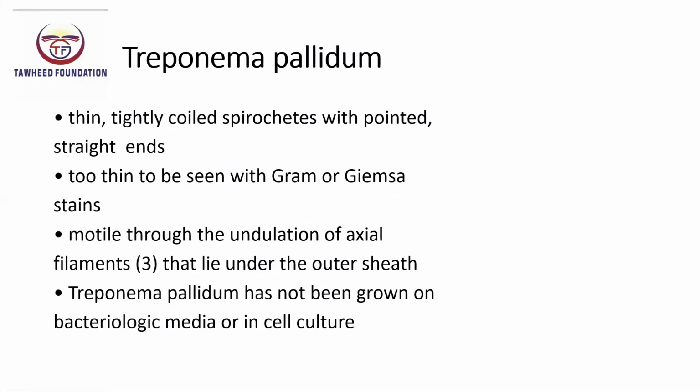Treponema pallidum is an only-human pathogen and has no known animal reservoir. Transmission primarily occurs through direct contact with infectious lesions that contain spirochetes. These lesions are often found on the genitalia, mouth, or anus during sexual contact.